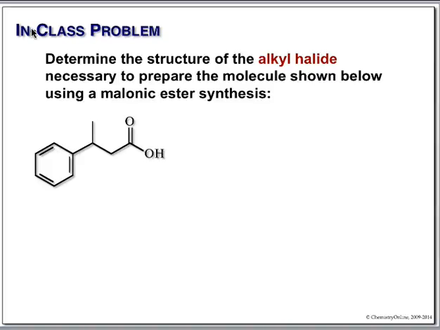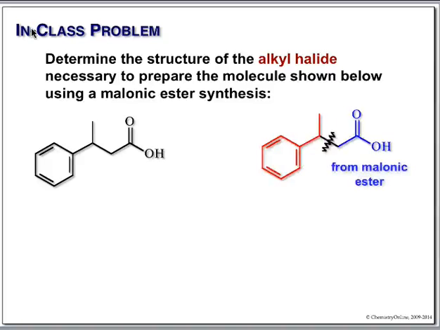You want to look at it and say, okay, what came from where? Here's our acetic acid. This is the alkyl halide. This part came from our malonic ester. This part, in red, came from the alkyl halide.